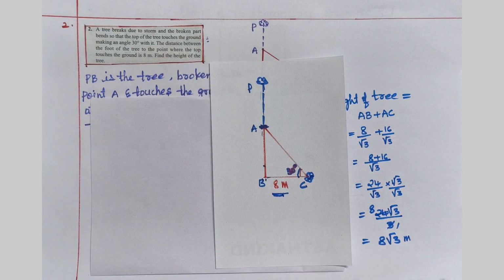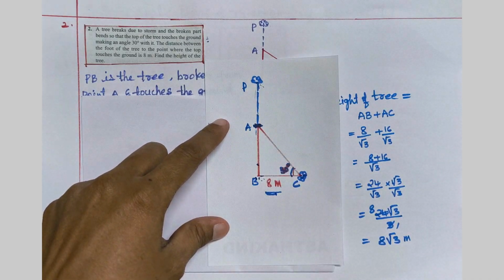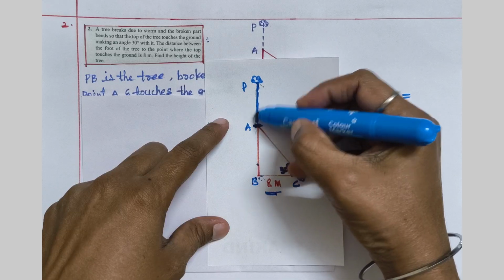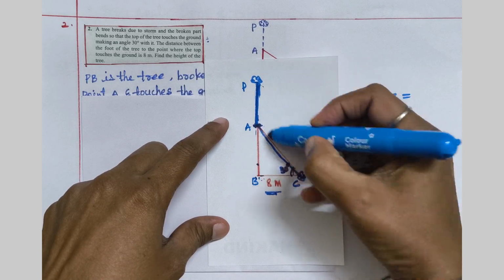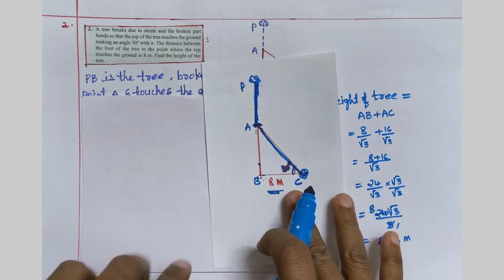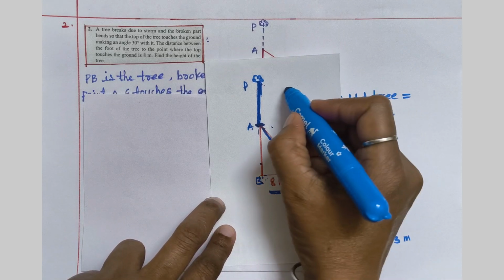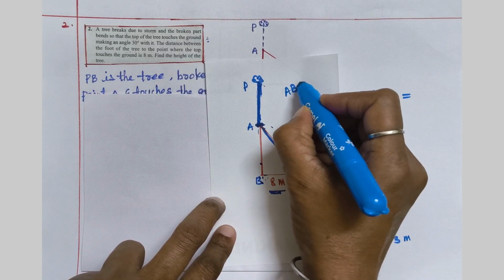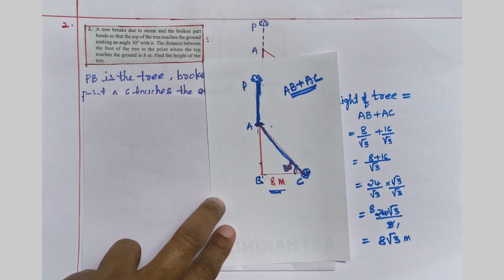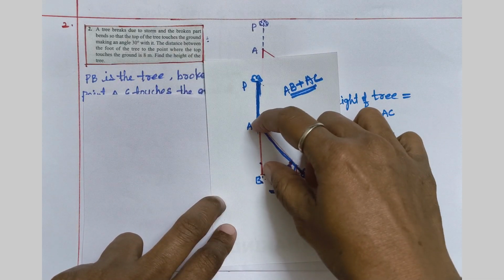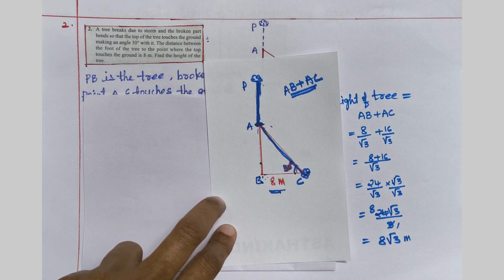Now we will find the height of the tree. Here PB is the overall height of the tree, but this broken part has the same height. To find the height of the tree, we need the AB measurement plus the AC measurement. AB is the not broken part, and AC is the broken part.